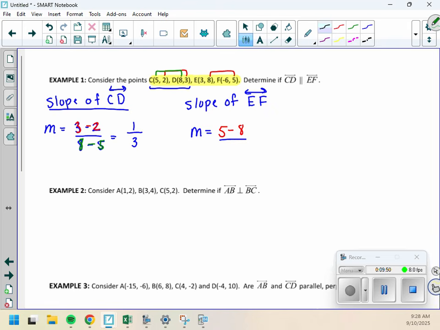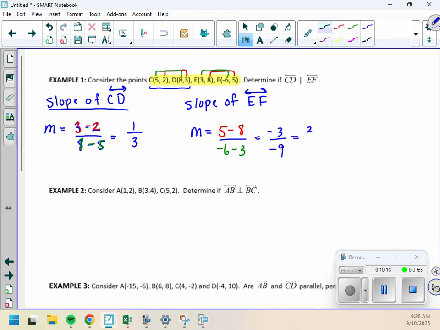5 minus 8 is -3, and -6 minus 3 is -9, which gives me a positive 3 over 9. The two negatives cancel, which then reduces to 1 over 3. Now we compare these slopes. What do you notice? These slopes are the same.